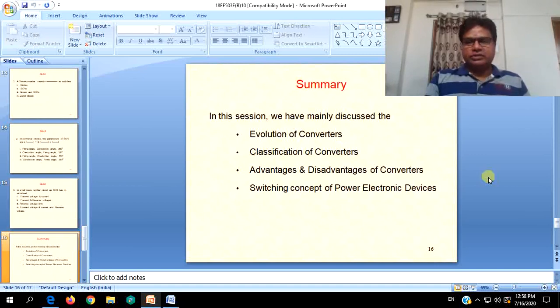Thus in this session we have mainly discussed the evolution of converters, classification of converters, and advantages and disadvantages of converters. Most importantly, you have to understand how power electronic converters work depending on the switching concept of power electronic devices, where devices are turned on and off at higher frequencies to manipulate the voltage or the power fed from the source to the load.